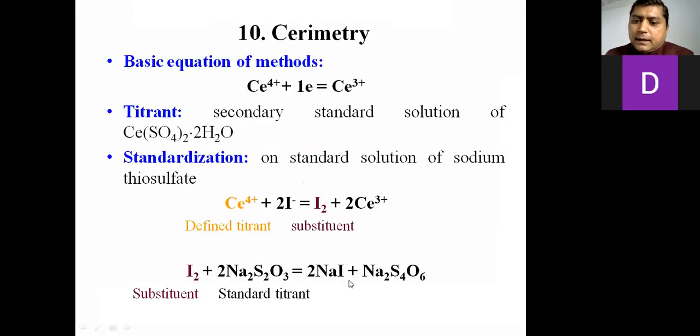The last one is cerimetry. Cerium acts as an oxidizing agent, and the secondary standard solution is cerium sulfate.